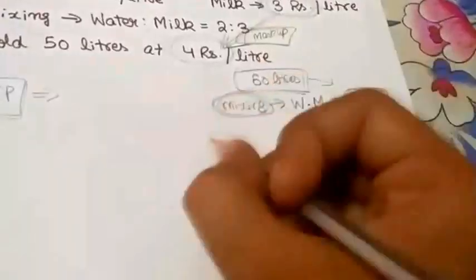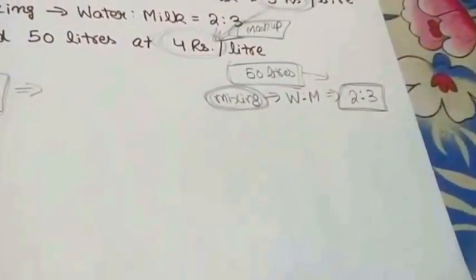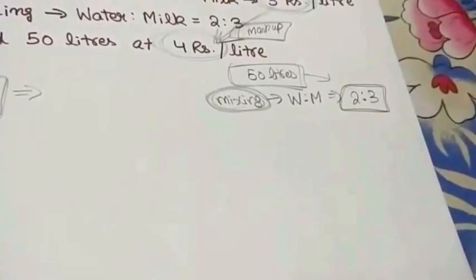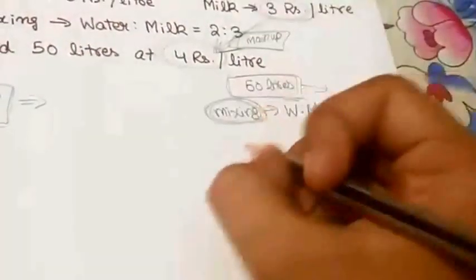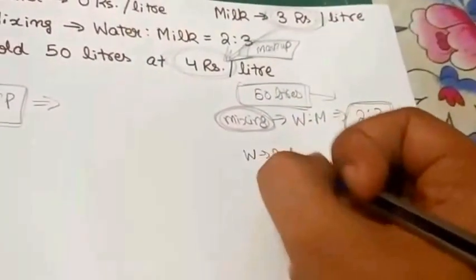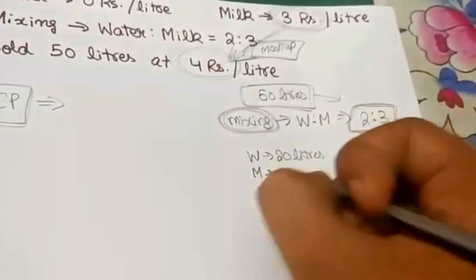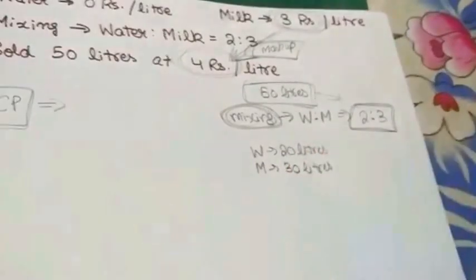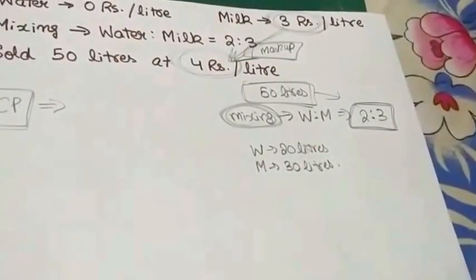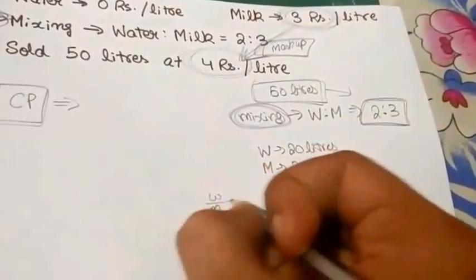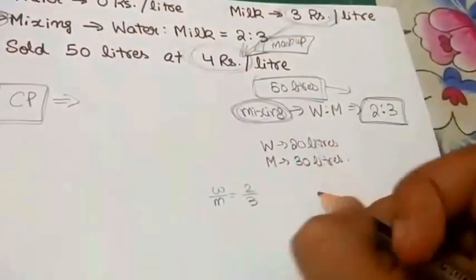You can understand just by looking at it that I took these values, and I can simply say that water is 20 liters and milk is 30 liters. Or you can actually calculate it the technical way: W by M is given as 2 by 3.